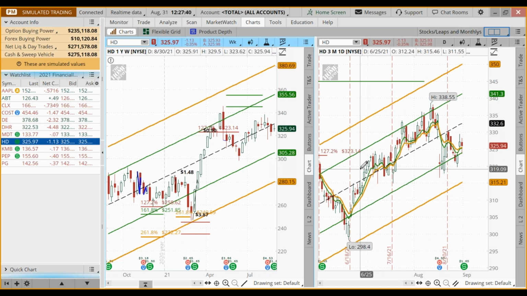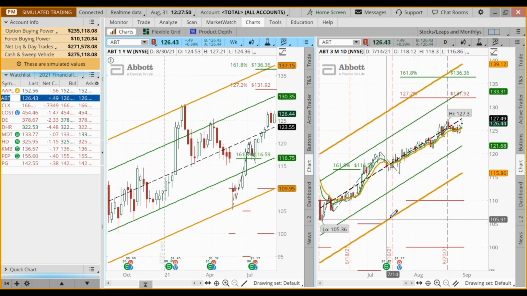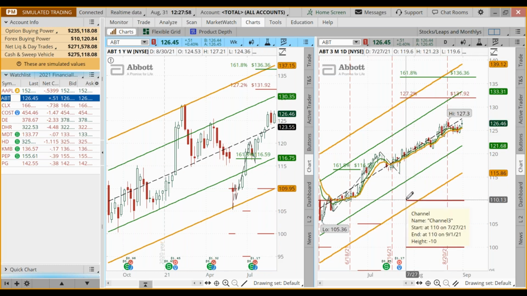Alrighty, let's see. So we went over Google, we went over Apple, then Abbott. Did we take a peek at Abbott? Abbott, once again, look how conservative we are. And look at this. When we first put this trade on, it was between the -1 and the -2 on the regression channel.